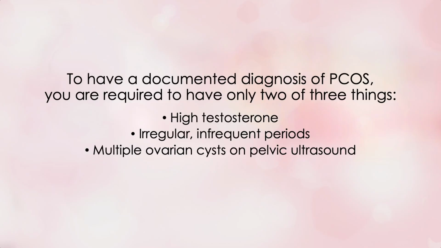These are the official diagnostic criteria. To have a documented diagnosis of PCOS, you're required to have only 2 of 3 things: high testosterone, irregular infrequent periods, or multiple ovarian cysts on pelvic ultrasound. That's it. None of the other means of diagnosis counts in terms of the official diagnostic criteria for PCOS.